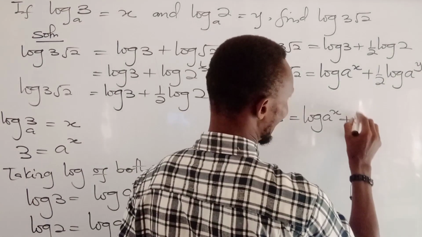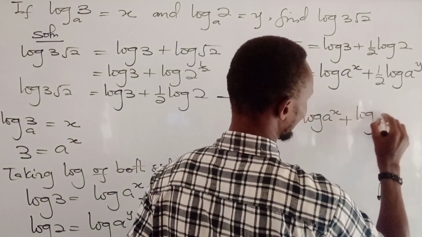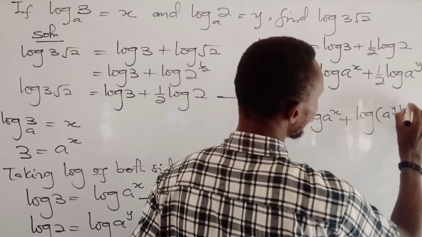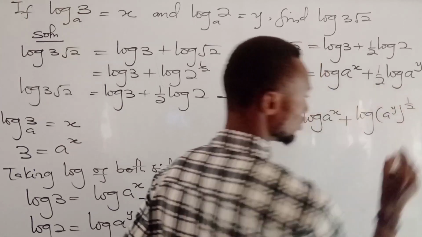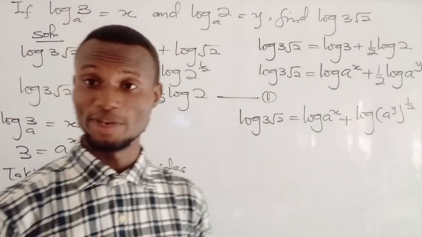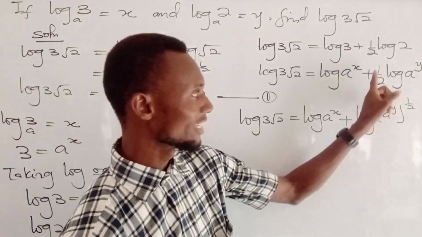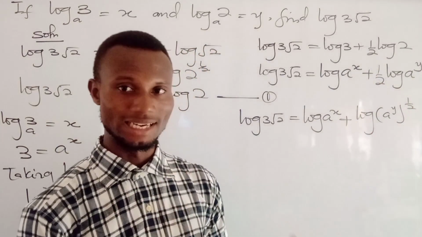We are going to write it as the log of a to the power y being raised to the power 1 over 2. Now I'm going to explain it to you, so don't get worried. All that I'm saying is that this 1 over 2 log a to the power y, we can write it in another way.